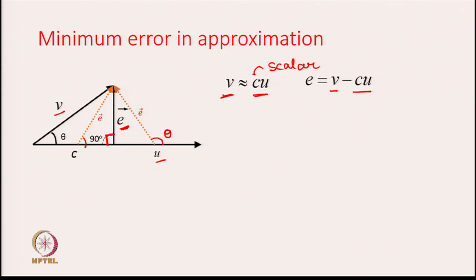So, the minimum value of error vector would happen when error vector makes an angle of 90 degree with vector u, and when this error vector makes an angle of 90 degree with vector u, the component of v along u is nothing but v parallel to u. This we have seen in the last slide.